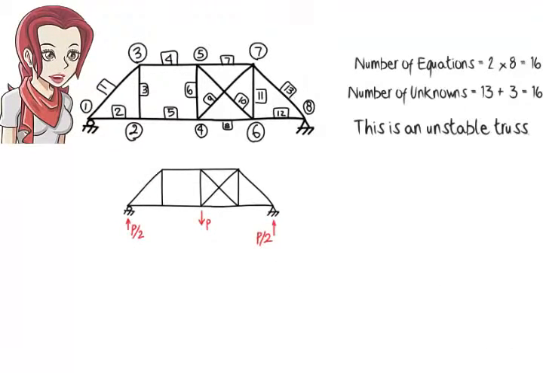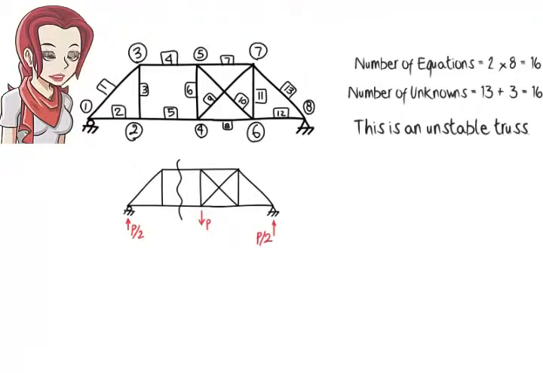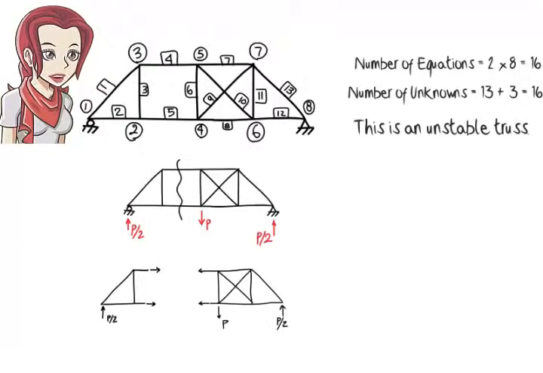Now suppose we conceptually cut the truss along a vertical plane as shown. Then we draw the free body diagram of each segment. We know that for the structure to be in equilibrium, the equilibrium equations must be satisfied for each segment. One of the equations, however, cannot be satisfied for either segment. Sum of the forces in the y direction is not 0.